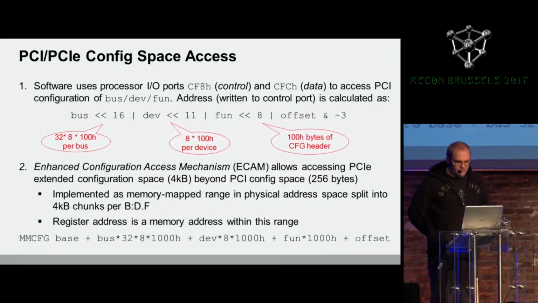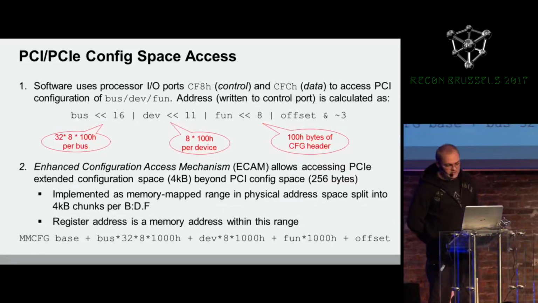To get access to the PCI configuration, there are two interfaces. One is to access the PCIe configuration space using port IO, CF8 and CFC. We construct the address, knowing the bus, device, function, and the offset we want to read from the specific device, and then pass it through CF8 CFC, and we can read and write a specific register in PCIe configuration.